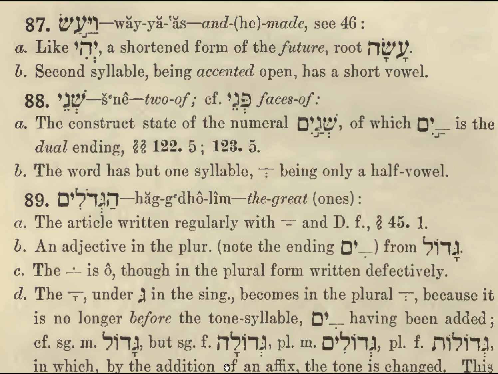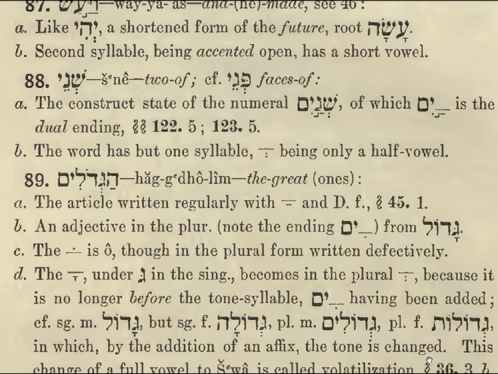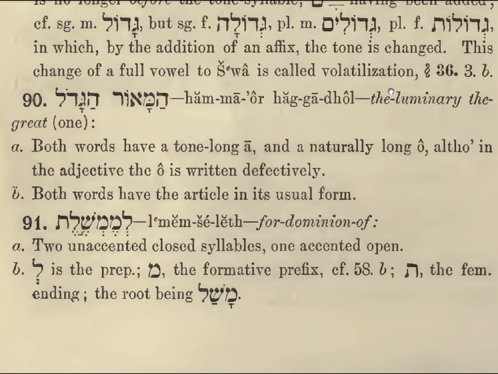So gadol, gedola, gedolim, gedolot, in which by adding the suffix o to im, the tone is changed. Different grammar books talk about this in different ways. In Harper, we call this volatilization. I wouldn't worry about it too much.